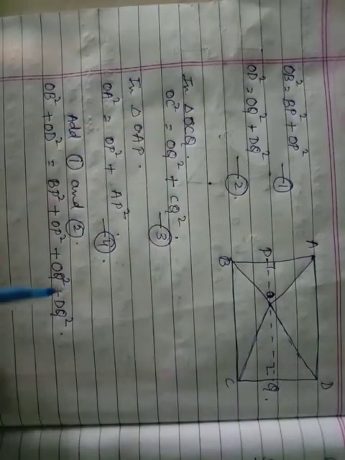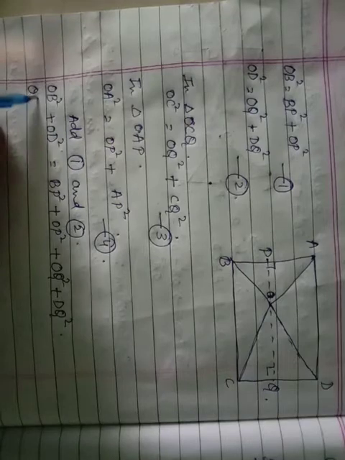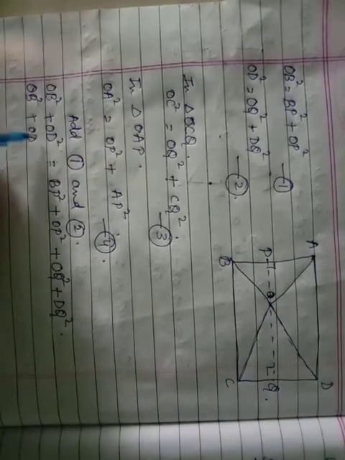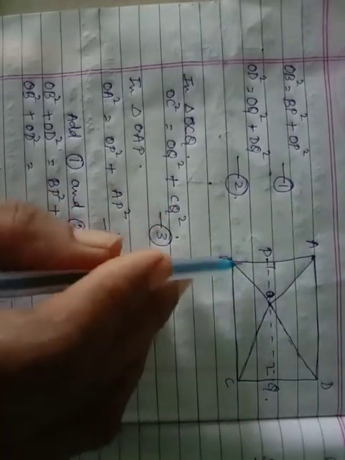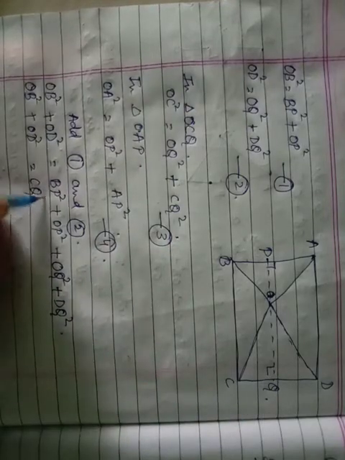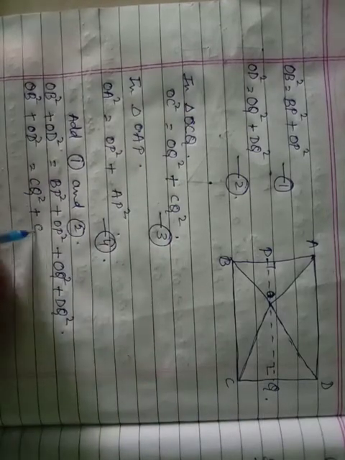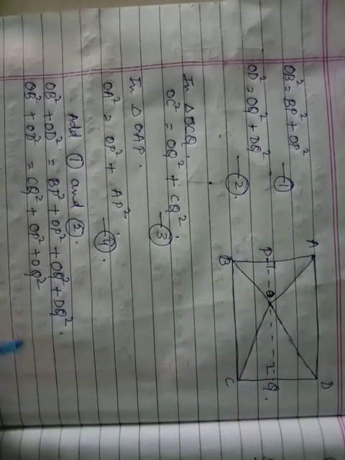Using Pythagoras theorem, we came to this result. Now see, this is a rectangle, so opposite sides of a rectangle are equal. So in place of BP we can write CQ, and in place of DQ we can write AP.